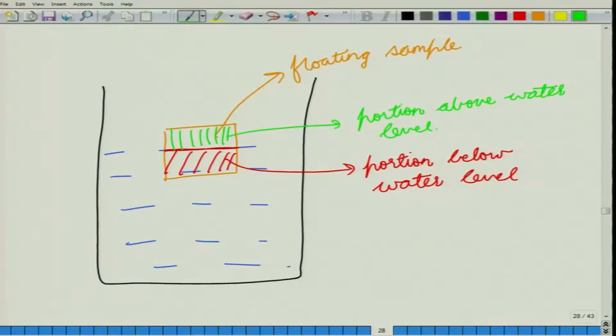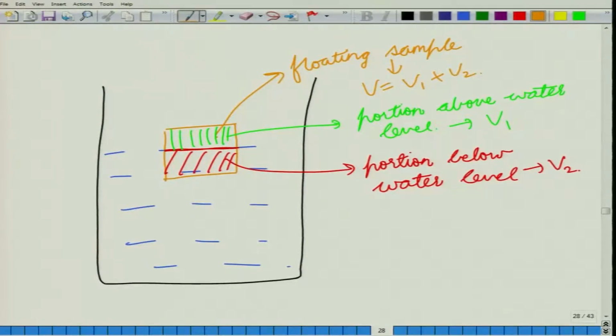Now let us consider that this portion has a volume of V1 and the portion that is below has a volume of V2. So what is the volume of the floating sample? The total volume V is equal to V1 plus V2.